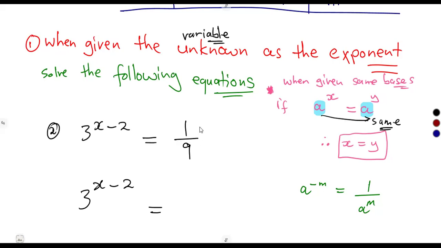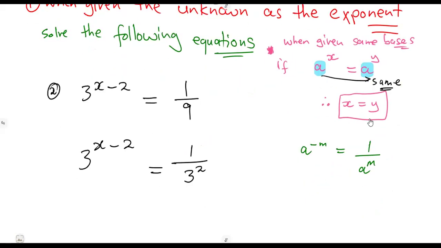So before, if it was 1 over this, it is going to change to a negative. So let's see the exponent. 1 over 9 is the same as what? 1 over, in the base of 3, 9 is 3 to the exponent of 2. You can use your calculator, like I said before.